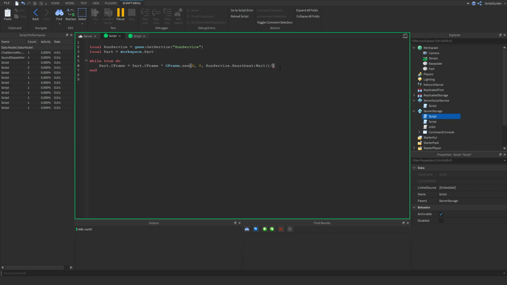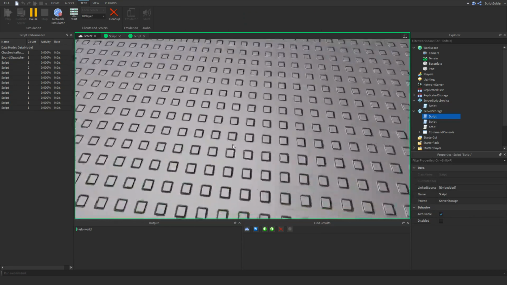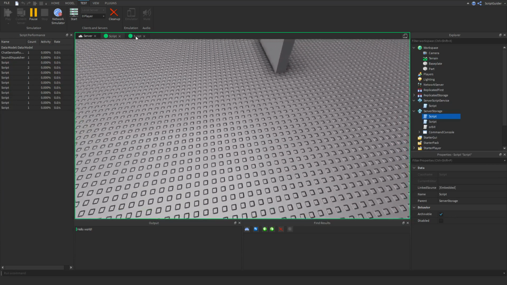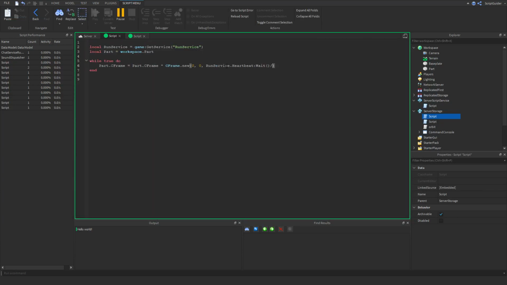So let's say I want this part to move forward 5 studs every second. And the reason I say studs, which are these things here, the basic unit of distance in Roblox, is because that's what these numbers represent, studs.